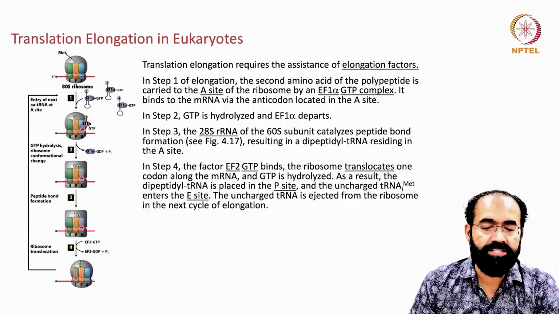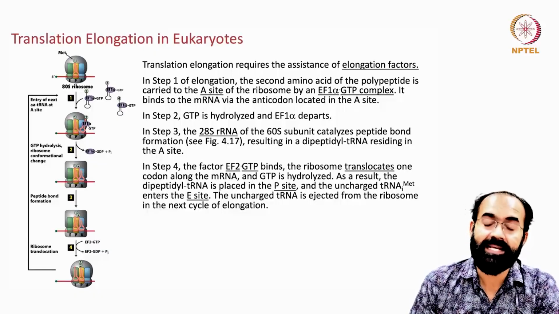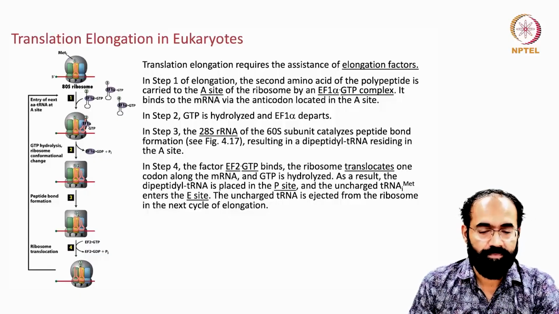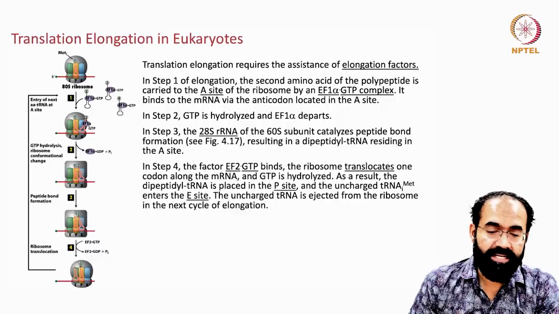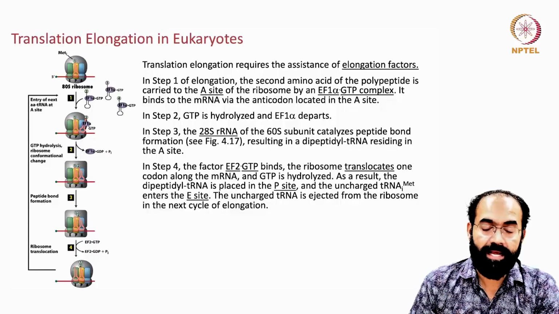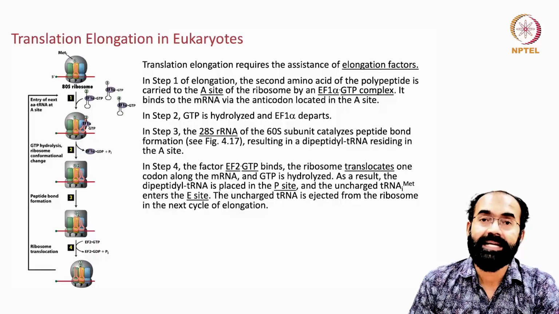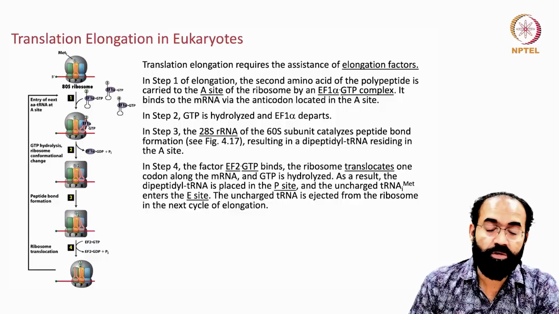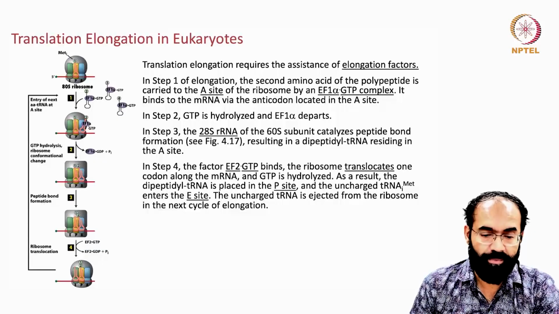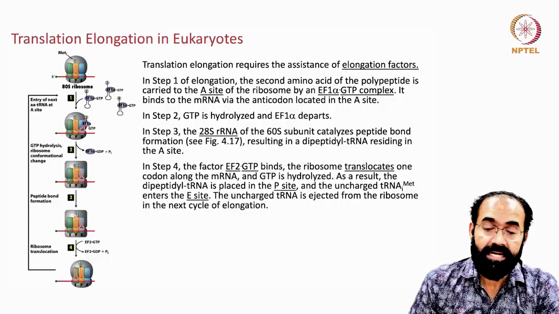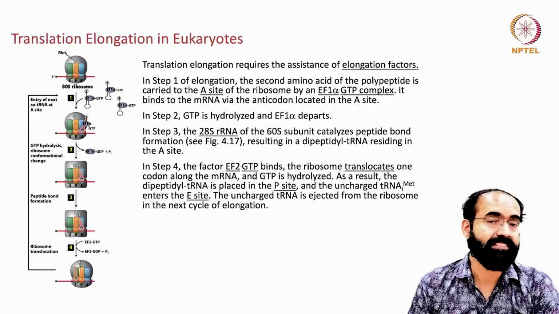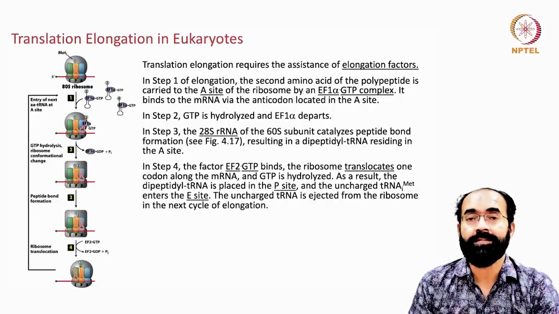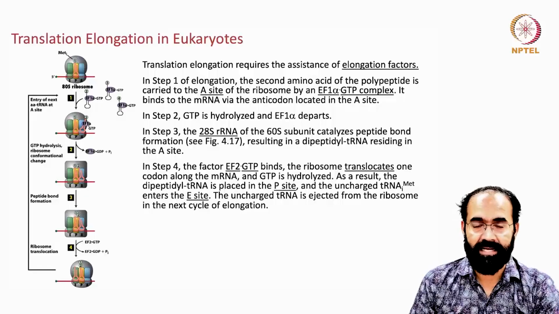In step 2, GTP is hydrolyzed and EF1 alpha departs. It moves away. In step 3, the 28S ribosomal RNA of the 60S subunit catalyzes the peptide bond formation, the CONH bond formation, resulting in a dipeptidyl tRNA. I gave an example of methionine and alanine.